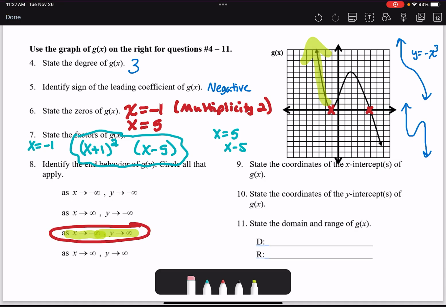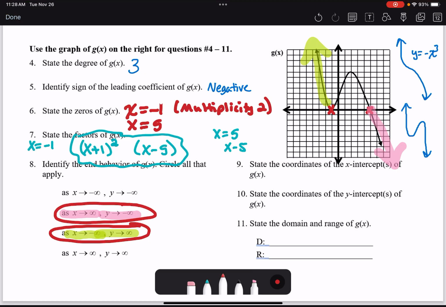My y values are getting bigger and bigger and bigger, so my y values are going towards positive infinity. Then if we look as x approaches positive infinity, which is this direction, that means that my y values are going down and trying to approach negative infinity.